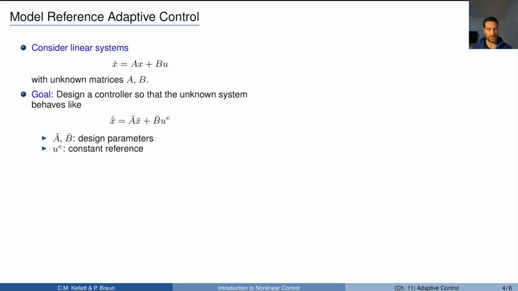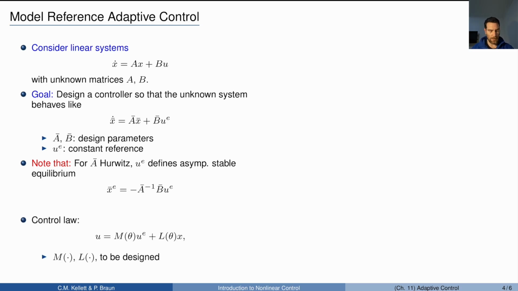We can observe that if A bar is Hurwitz, which we can ensure by design, then u e implicitly defines an asymptotically stable equilibrium, meaning x bar is defined through the inverse of A bar and B bar and u e. So with these considerations, what we want to do is design a control law.